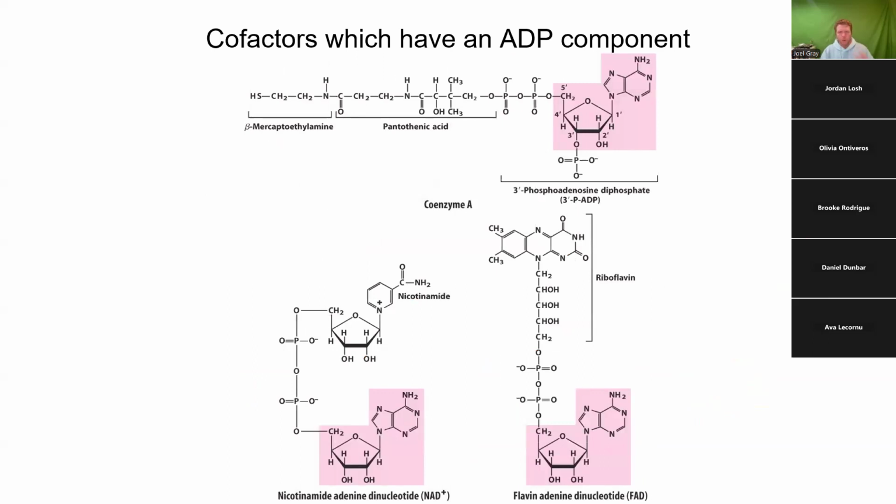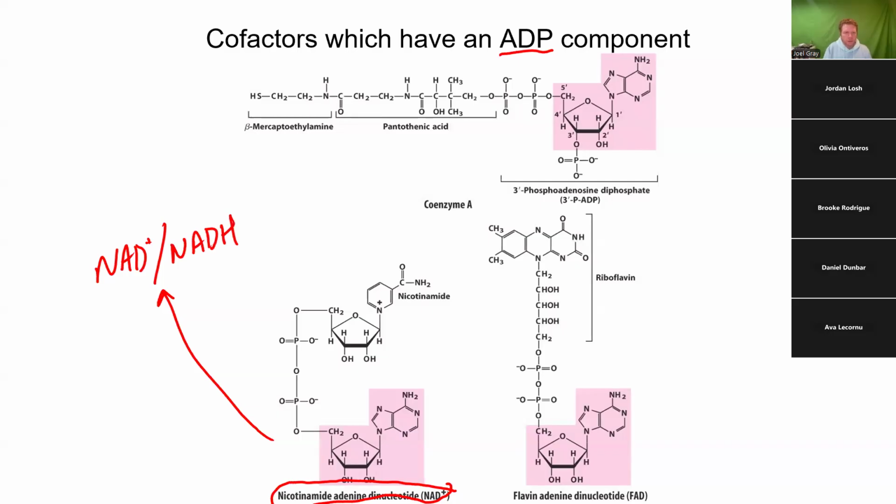Now, there are also places in which you'll find an ADP molecule, or adenosine diphosphate, as a part of a larger molecule. We talked about nicotinamide adenine dinucleotide. Does anyone remember the class of enzymes that used NAD plus or NADH?